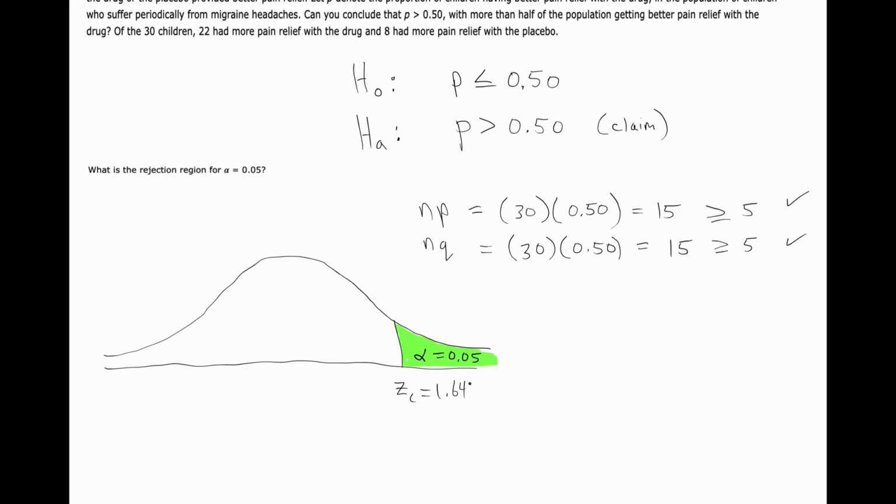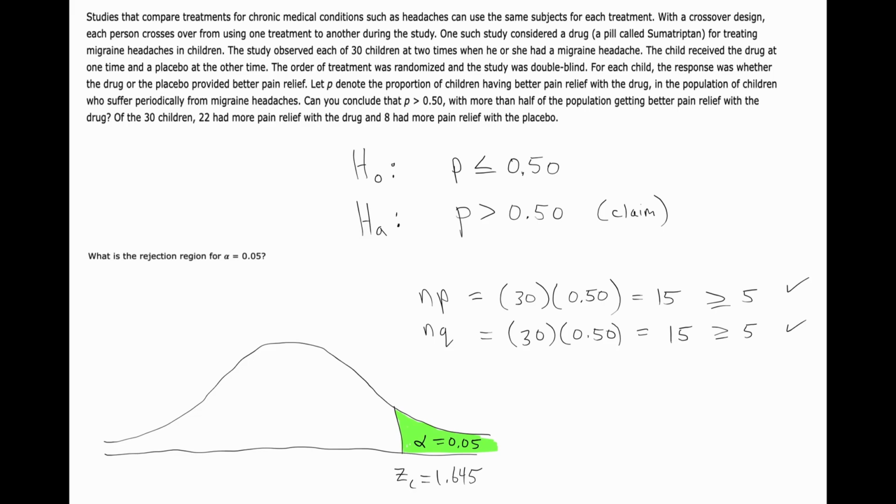Next, let's go to finding the test statistic. For these types of problems, the test statistic is going to be given by z star equals p hat minus p over the square root of pq over n.